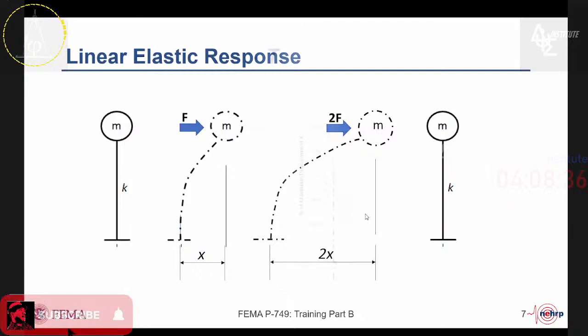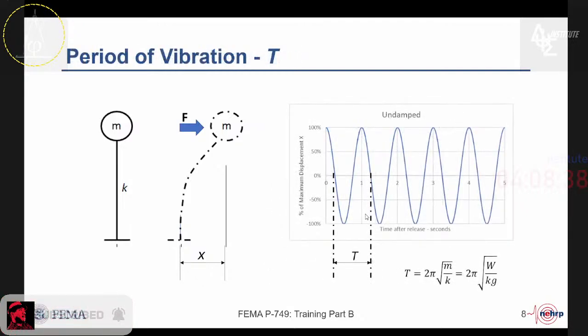If you take such a linear elastic single degree of freedom structure and you apply a force to the mass located at the top of the structure, and then you release the force, the structure is going to oscillate back and forth in sinusoidal motion, such as is shown in the graph to the right.